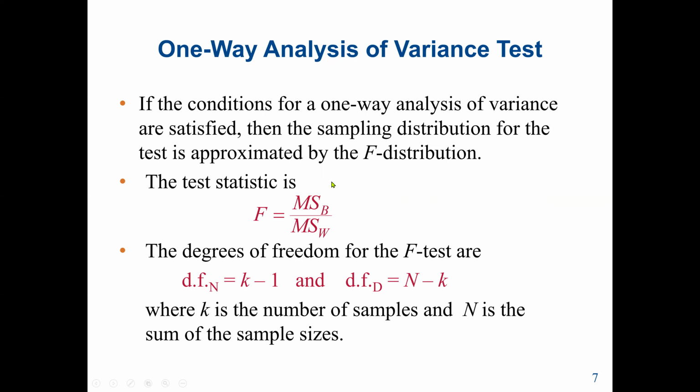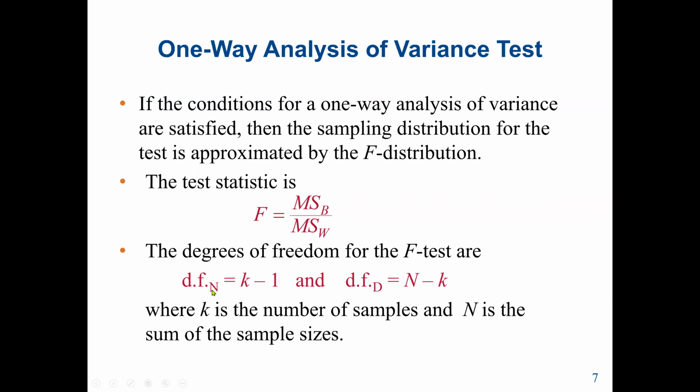Since we are using the F test, we need to know the degrees of freedom for both the numerator and the denominator. The degrees of freedom for the numerator is k minus 1, and the degrees of freedom for the denominator is N minus k. Here lowercase k is the number of samples we have, and uppercase N is the sum of the sample sizes.